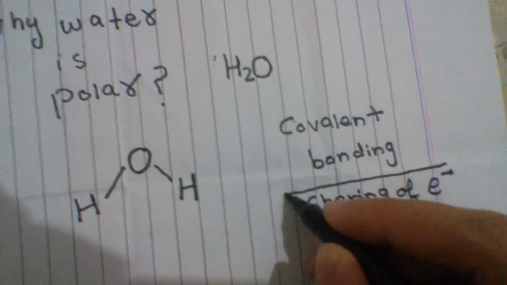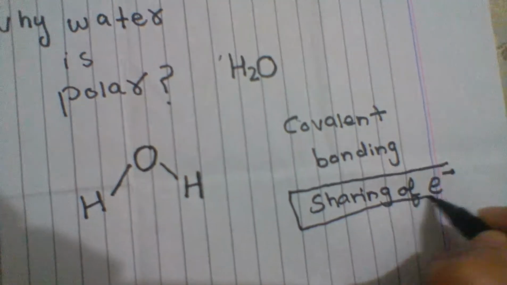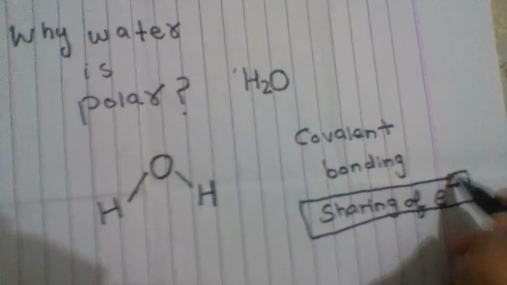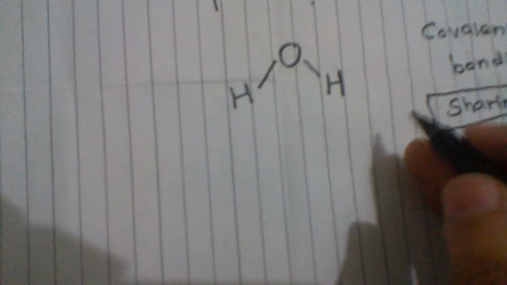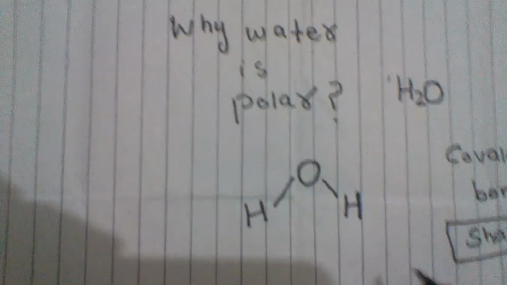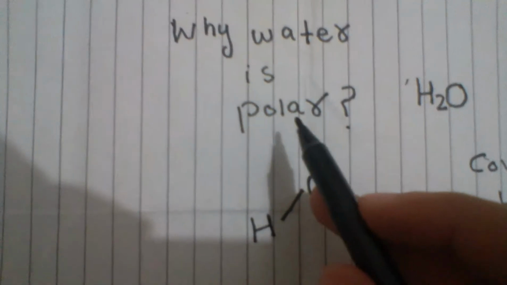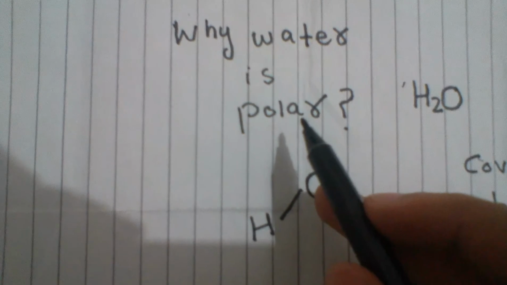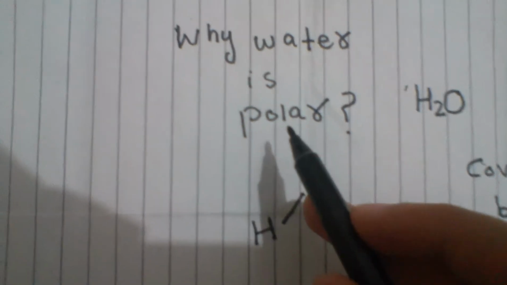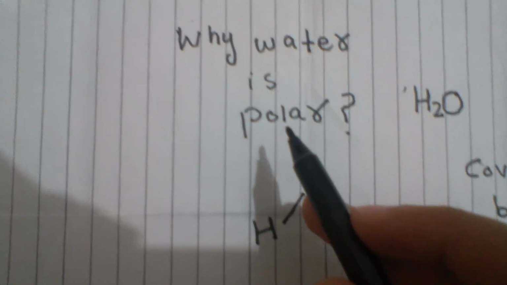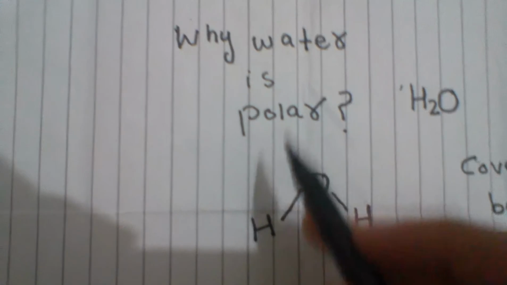Now, in covalent bonding, we are talking about the sharing of electrons. This concept of polarity comes when there is unequal sharing of electrons.